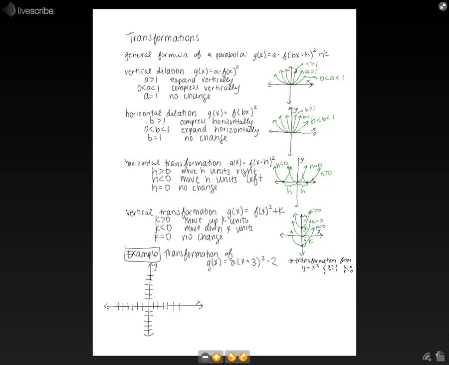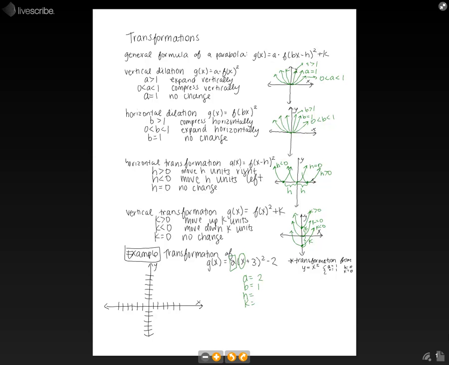Let's describe the transformations of g of x equals 2 times the quantity x plus 3 squared minus 2. Let's first start by defining the parts of the equation we've talked about: a, b, h, and k. Our a in this case is the number out front, which is 2. b is the number in front of the x, and we don't have any number there, but we have that 1 as the placeholder.